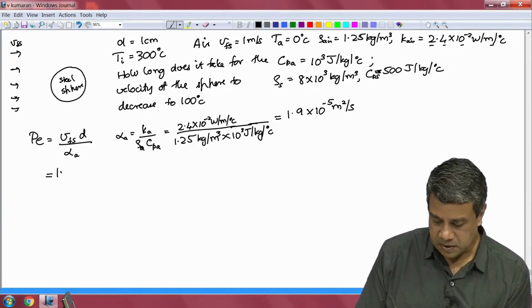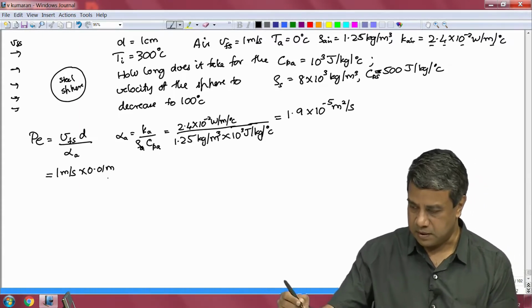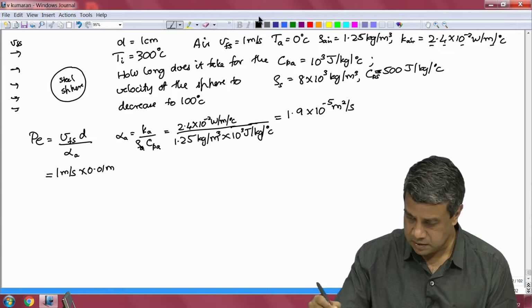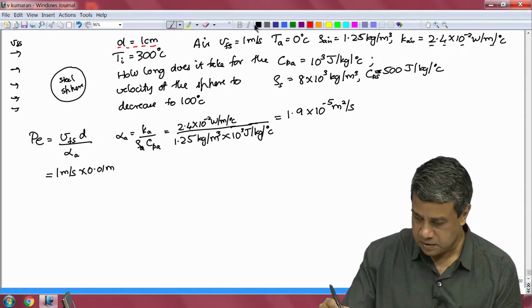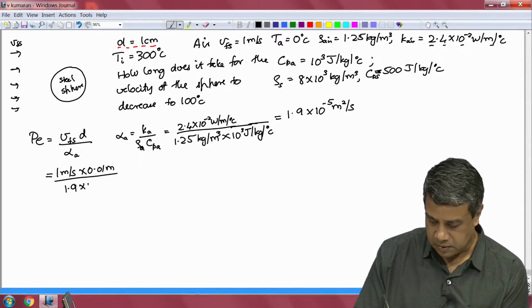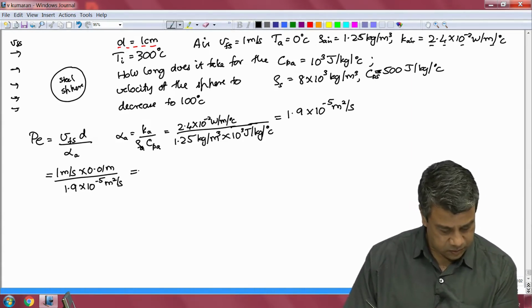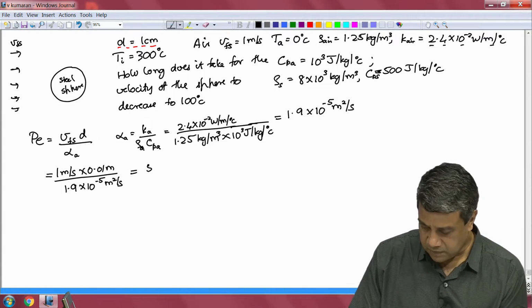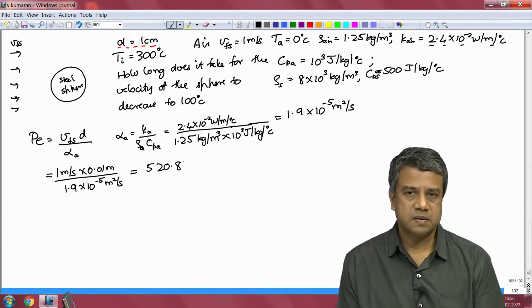So, the Peclet number is 1 meter per second into 0.01 meter, 1 centimeter was the diameter of the object, divided by 1.9 into 10 power minus 5 meter square per second, which turns out to be equal to 520.8. That is the dimensionless Peclet number.